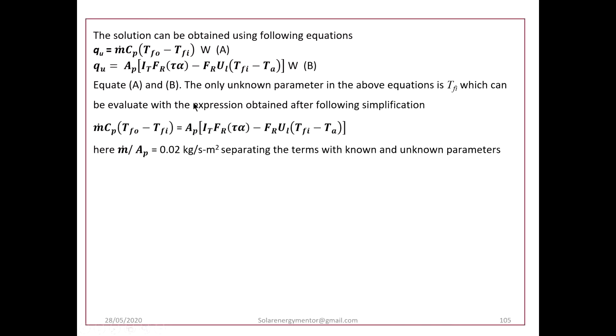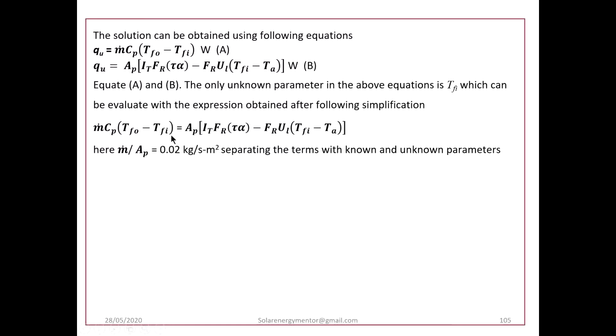So if we equate m dot Cp into TFO minus TFI and this, m dot by AP is 0.02 kg per second meter square. So we have to bring this AP down. So m dot by AP will be known, Cp is known, TFO is known. Here IT we can calculate, FR tau alpha is known, FRUL is known, and TFI is not known, TA is known.